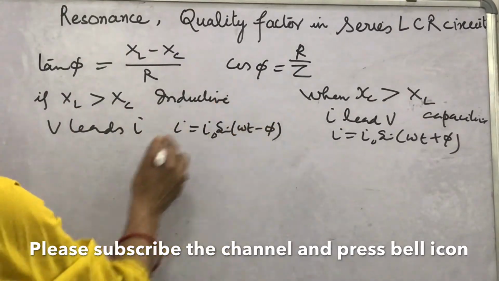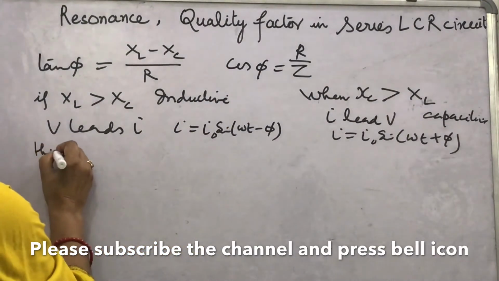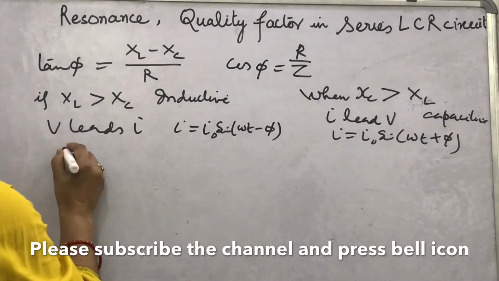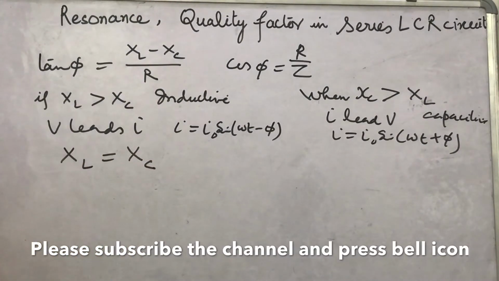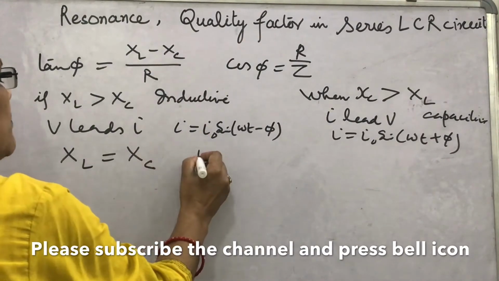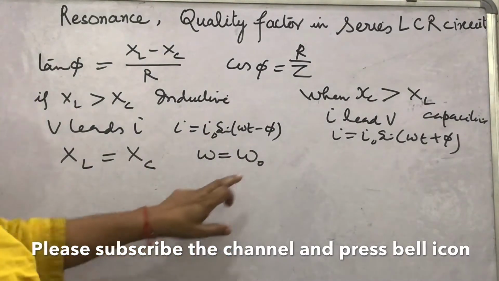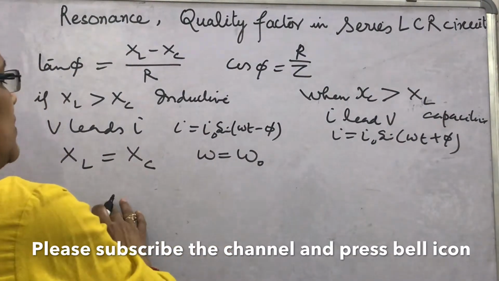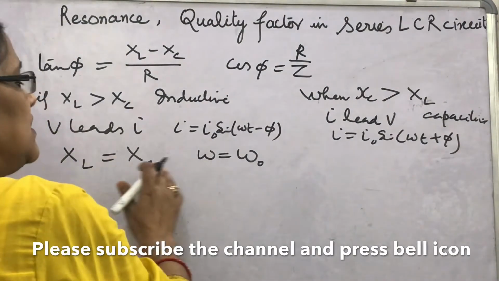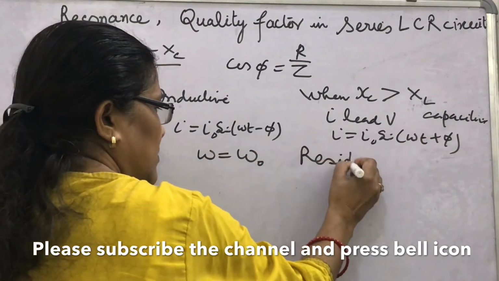We know that in between these two conditions, if XL and XC are the same, then that particular frequency is called resonant frequency. Sometimes it is written as omega R, and at this frequency the circuit becomes purely resistive.